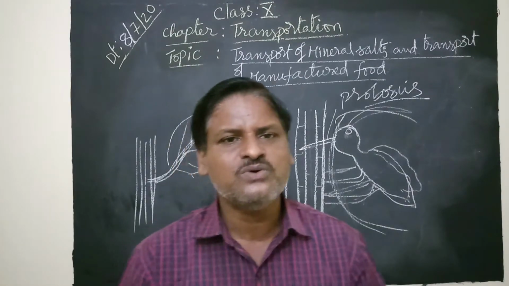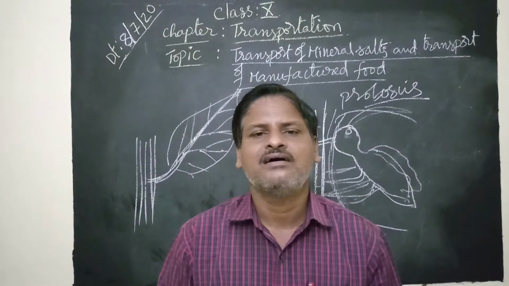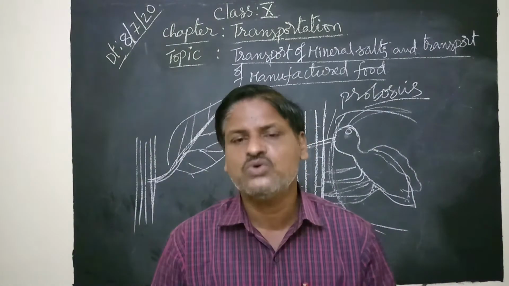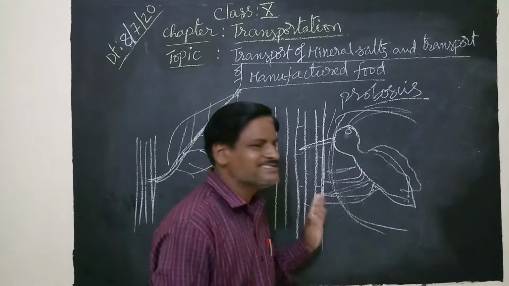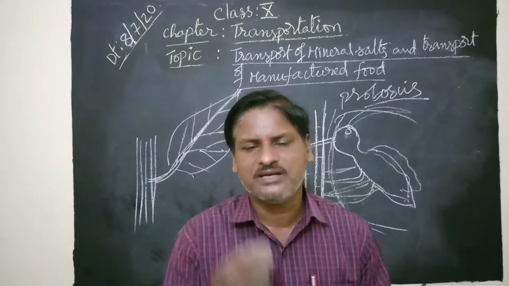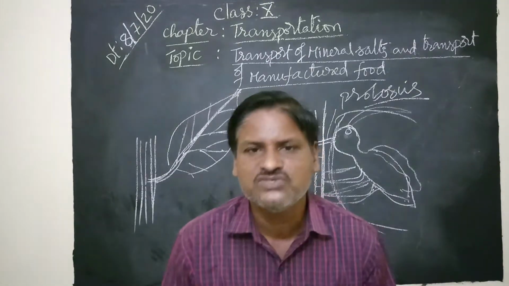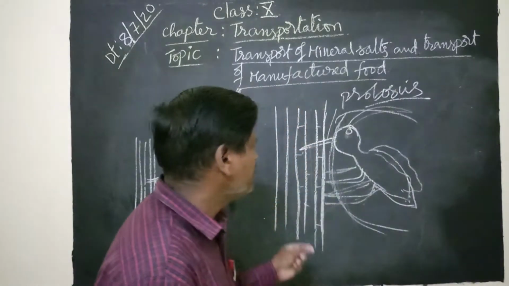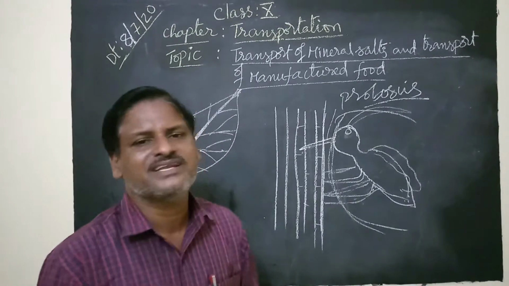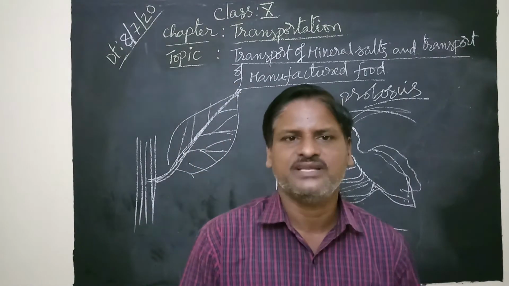What is honey dew? When the aphids suck excess glucose from the phloem vessels, it comes out in the form of droplets through the proboscis and falls down on the leaves. If you touch those leaves, they are very sticky, and that is called honey dew, children.